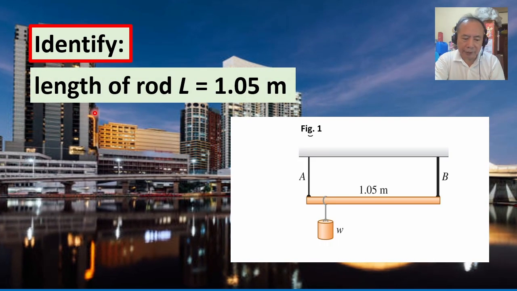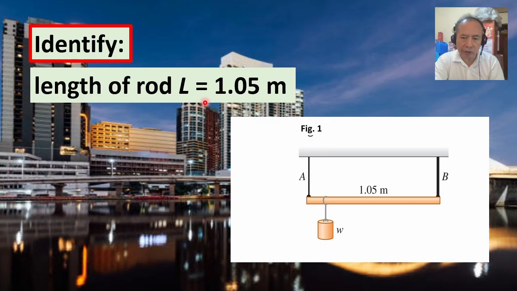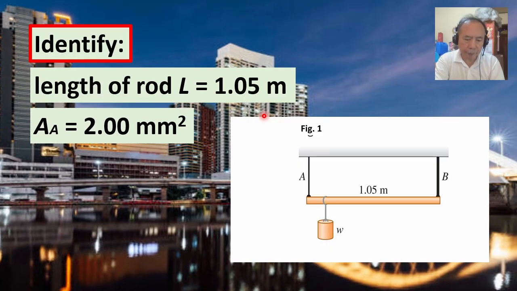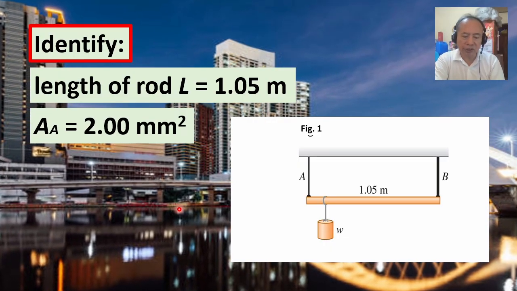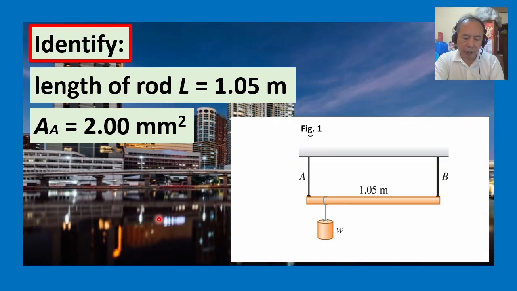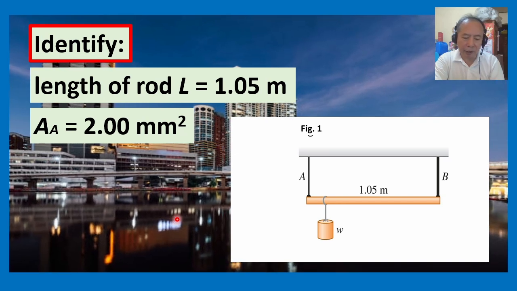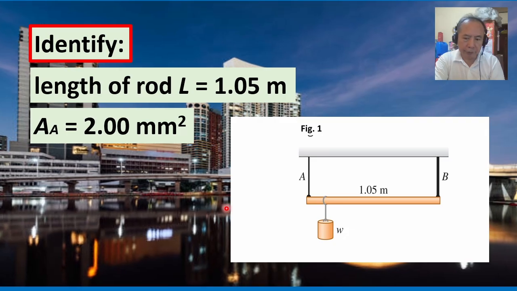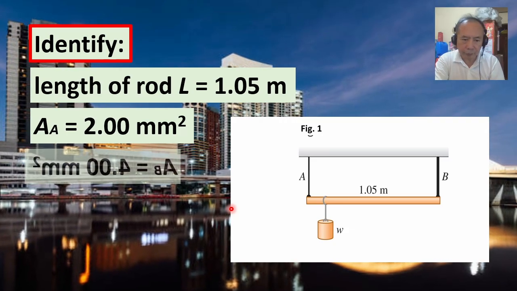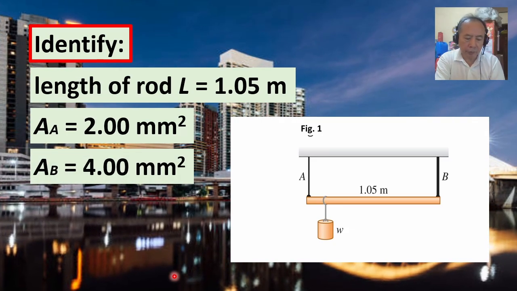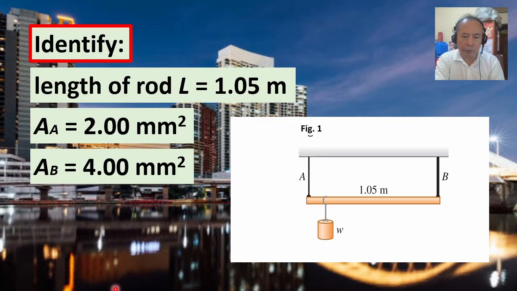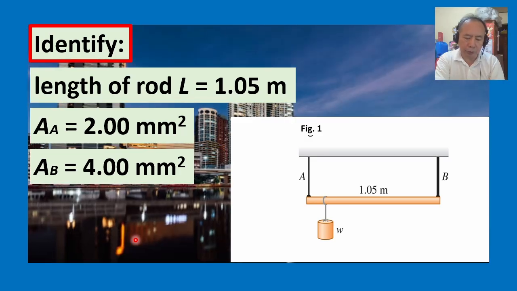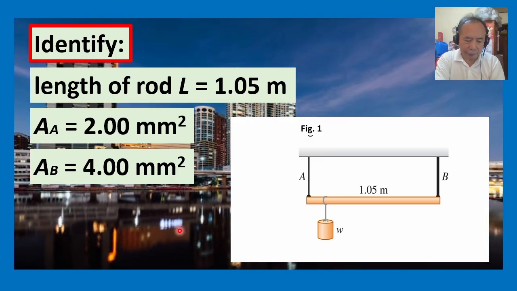We are given the length of the rod, L equals 1.05 meters. The cross-sectional area, A sub A of wire A equals 2.00 millimeters squared. The cross-sectional area of wire B, A sub B equals 4.00 millimeters squared.